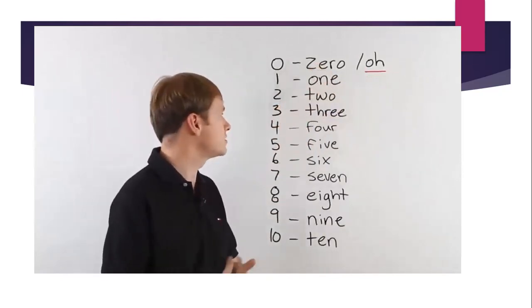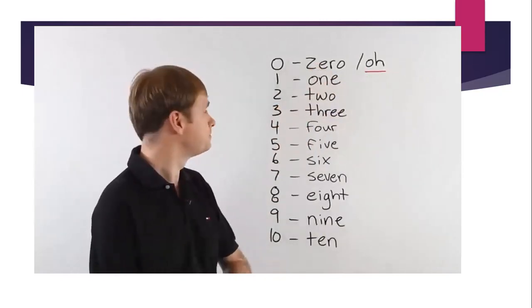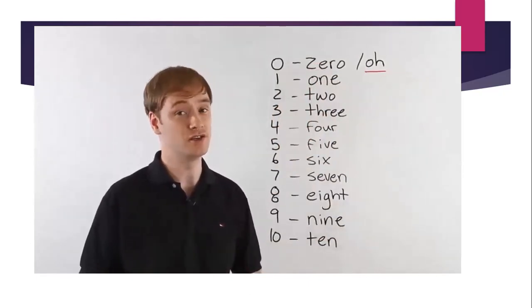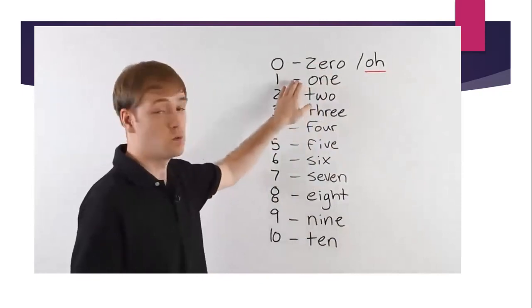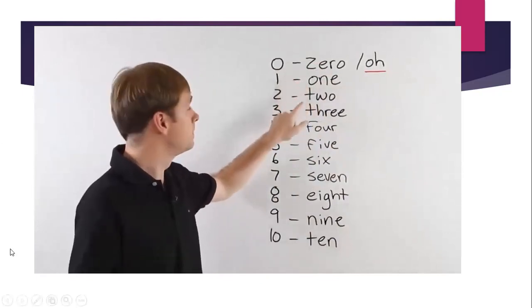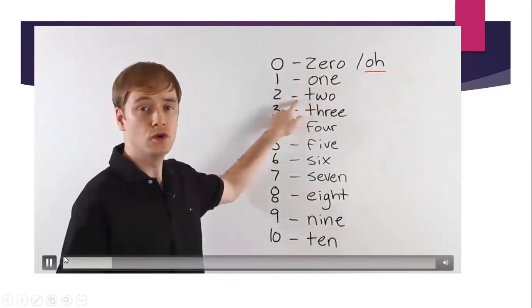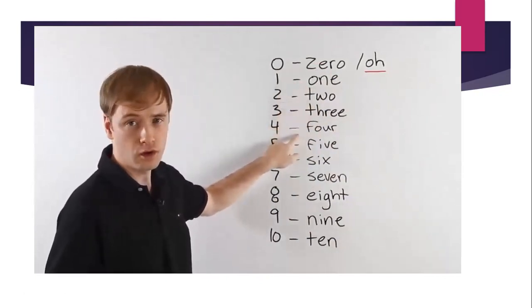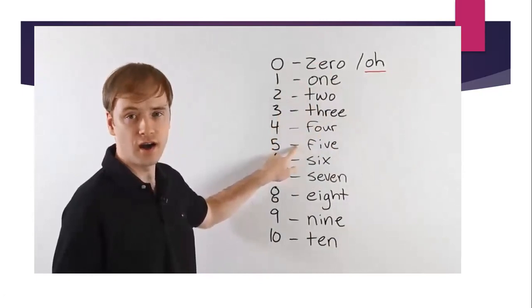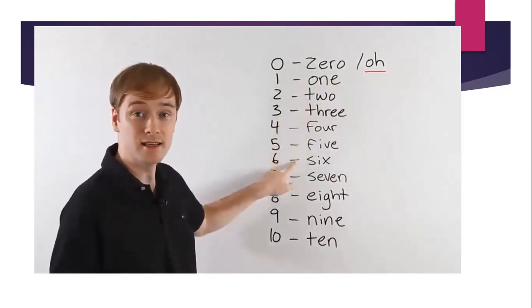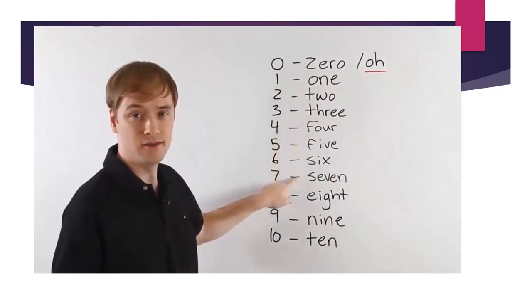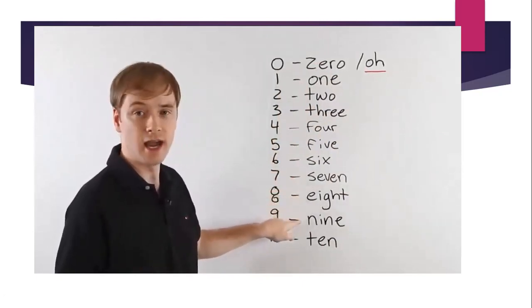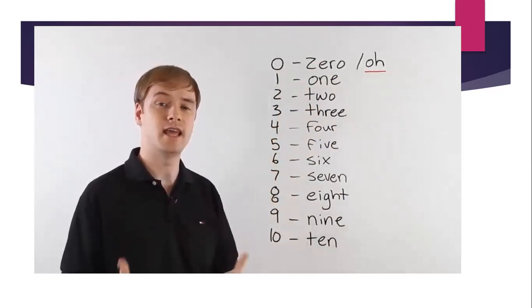Let's move on to the next numbers. They're a little bit easier. Listen to my pronunciation of each number. Okay, so the first one, 1, 2, 3, 4, 5, 6, 7, 8, 9, and 10.